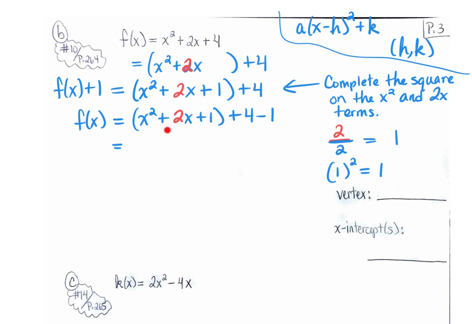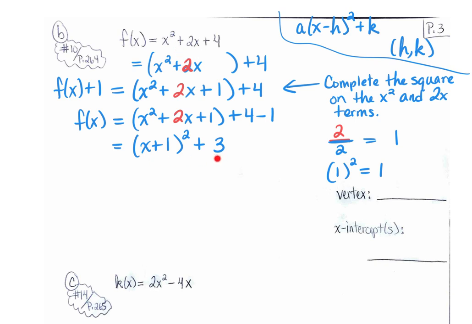This quantity, since we've completed the square, we know we can write this as x plus 1 quantity squared, all of that plus what? 3. Same equation.